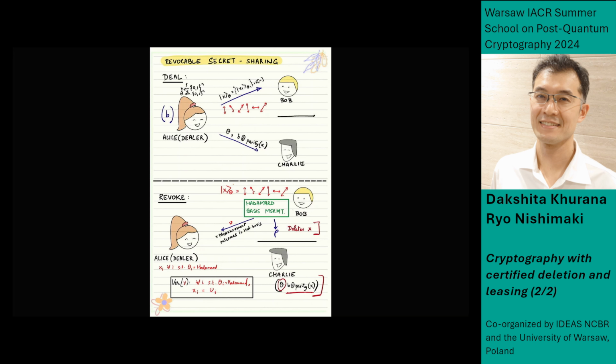If Bob honestly measures this BB84 state in the Hadamard basis, then the Hadamard gets cancelled, and we can get the original information X. So it is easy to see that this equation holds for all i such that theta i is equal to 1, Hadamard basis choice. Okay?